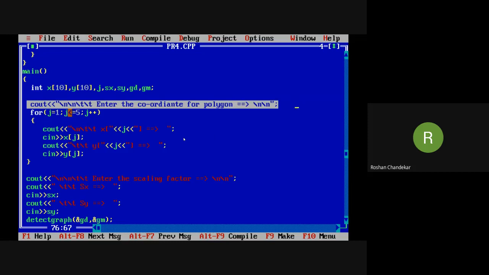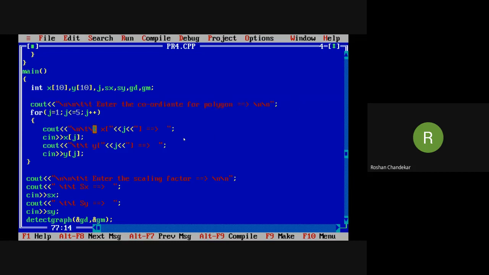Here we take 5, that is, how many edges are there in our polygon? Total 5 edges are there, so we have to enter 5 different coordinates to draw the polygon. That is why we apply a for loop: J is equal to 1, J is less than or equal to 5, and J plus plus.